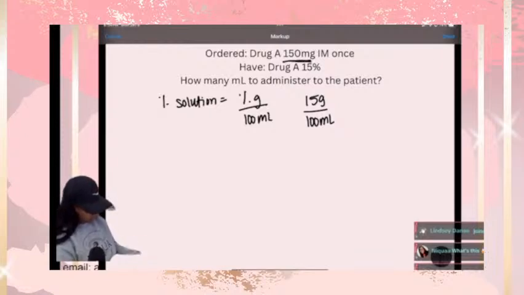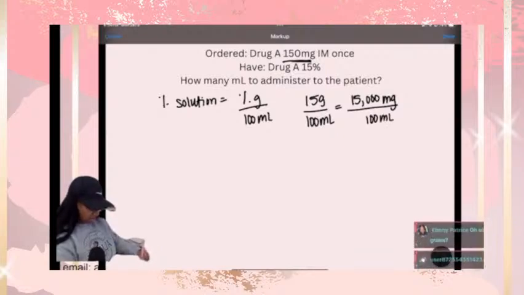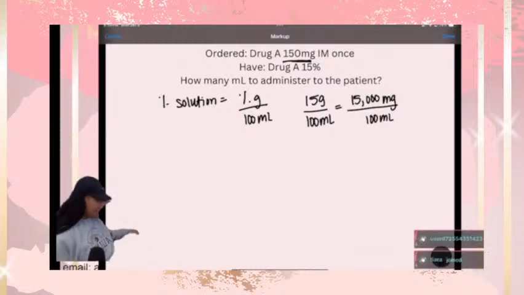Right? So check this out. This is in milligrams, isn't it? Isn't 15 grams the same thing as 15,000 milligrams, still in that 100 mLs? Just stay with me. If I need to do it again, I'll do it again.